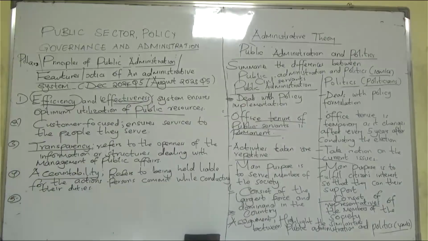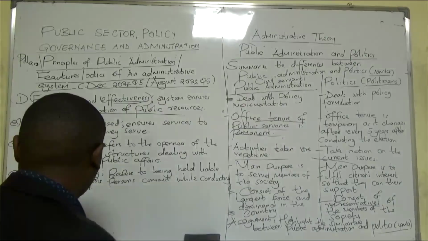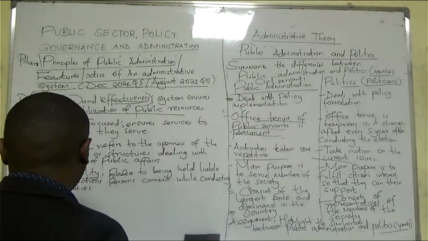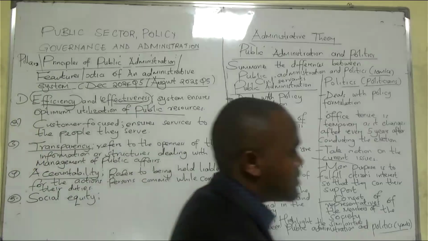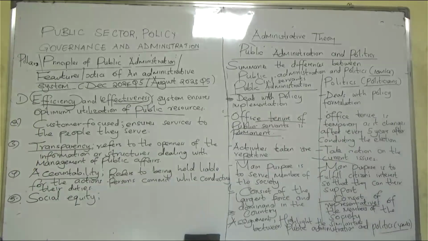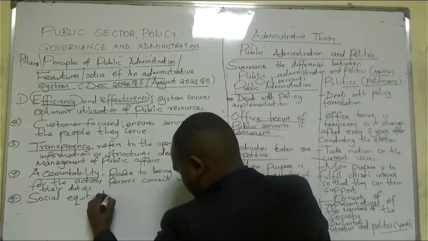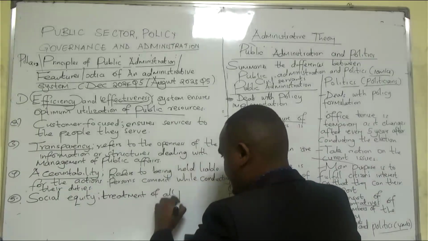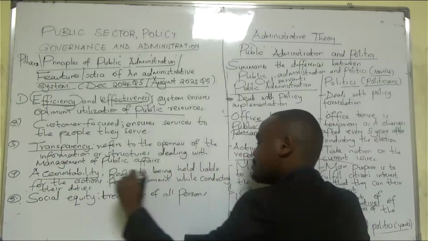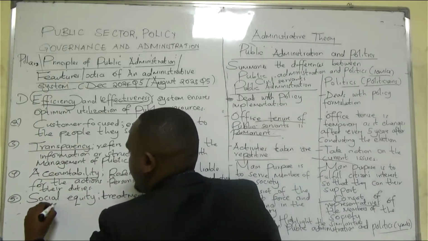Another one, you can say equity or social equity. So what is the meaning of social equity? Treating all persons equally and fairly. There must be treatment of all persons equally and fairly.